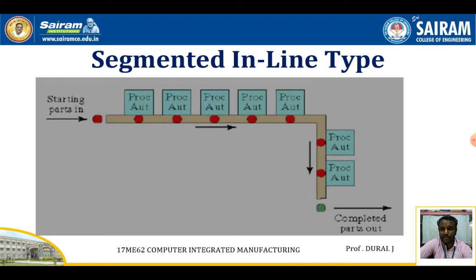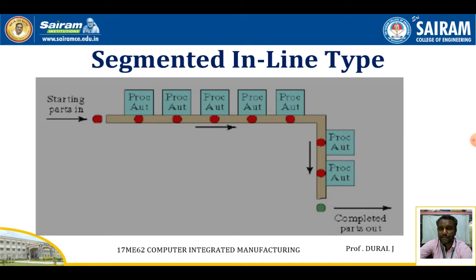Once the component enters over here, it performs the operation and goes to the second machine. Like this it takes place, and finally it comes out as a finished product over here. So this is the L line method. These are used in small scale industries.